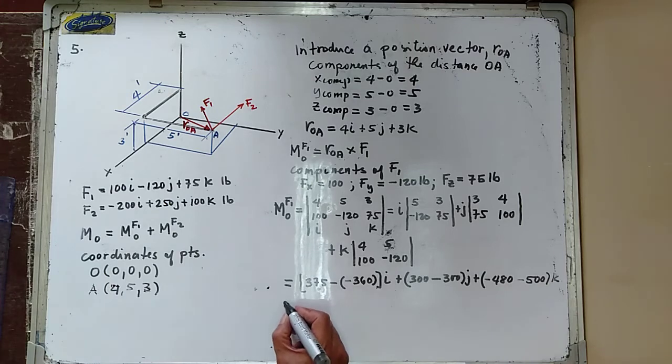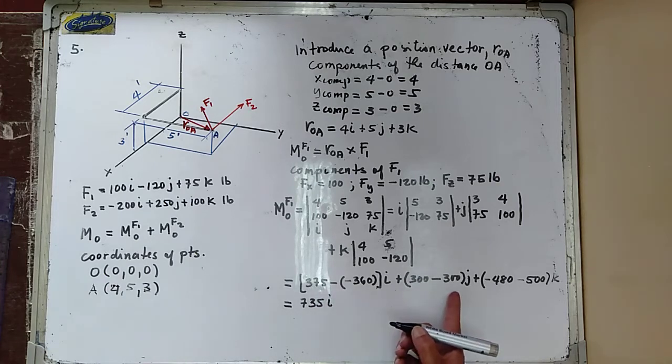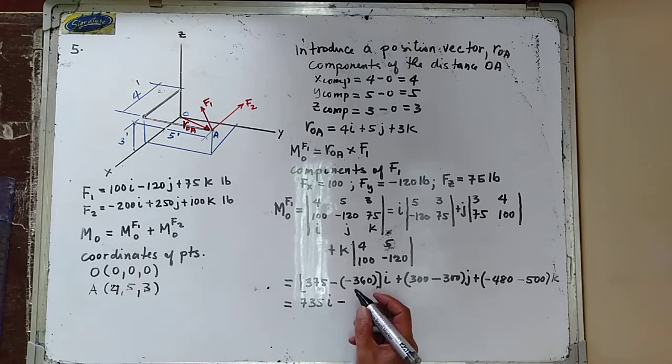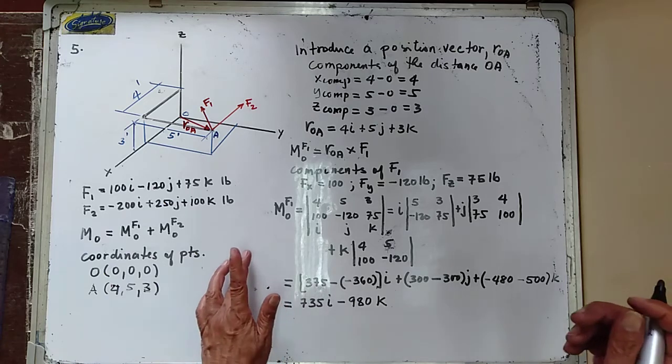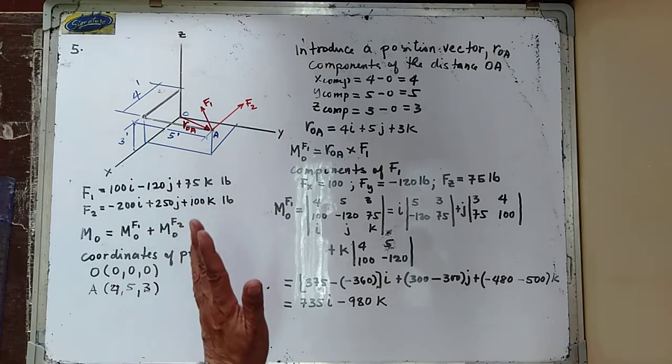Therefore, the moment of F1 about point O is equal to 735i, 0j, and then minus 980k. So that is the moment of F1 about point O.